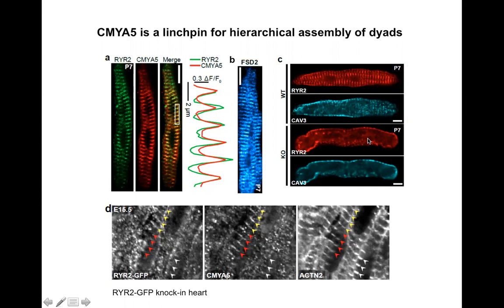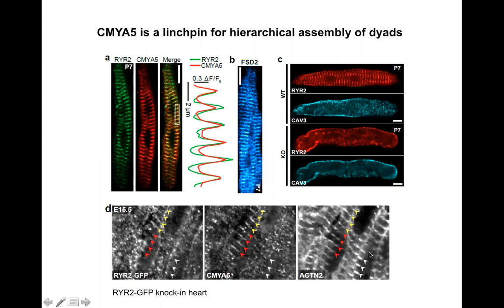Further, we wanted to know the docking order of CMYA5 and RYR2, so we stained E15.5 embryo heart sections with RYR2, CMYA5, and actinin-2. At this stage, the Z-line marker actinin-2 was already regularly spaced. We observed three patterns. Some Z lines only have actinin-2, like here.